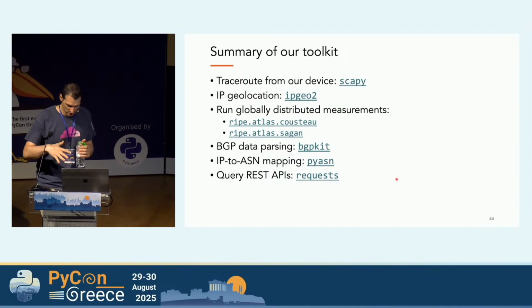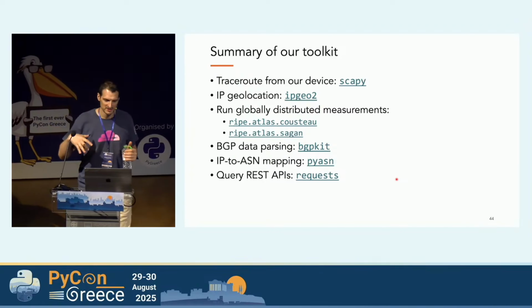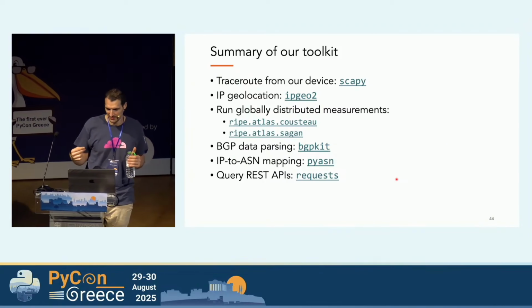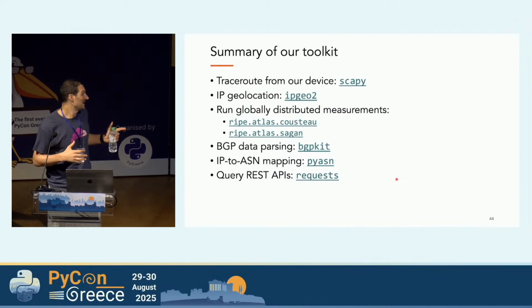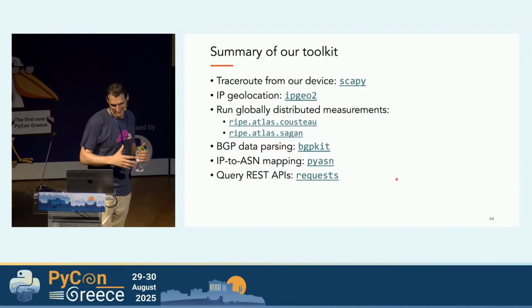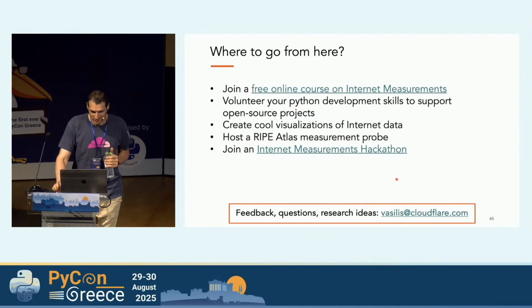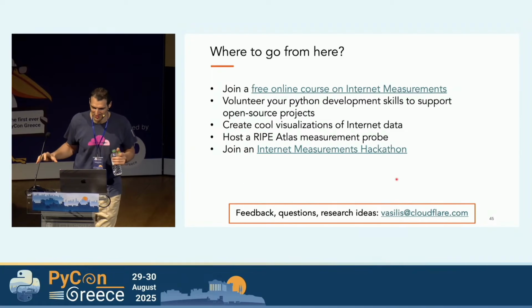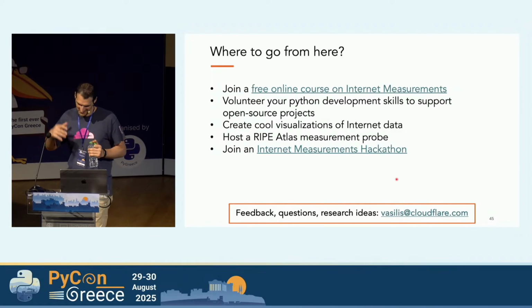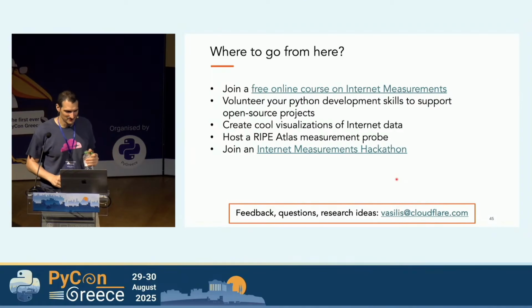Then we can go to the AS-level view of the internet with RIPE RIS and RouteViews using PyBGPKit, map IPs to ASNs with PyASN, and query REST APIs with requests. So to conclude, if you find this interesting, there is a very nice free online course on internet measurements that will guide you through this whole ecosystem.